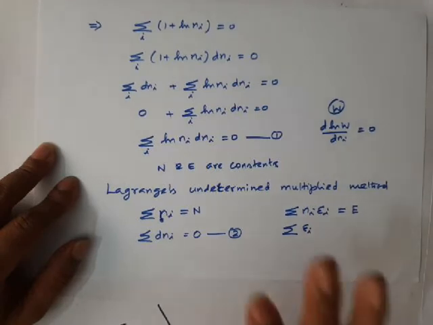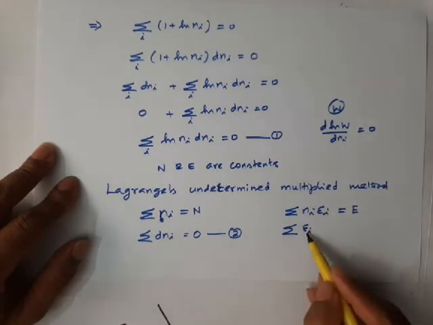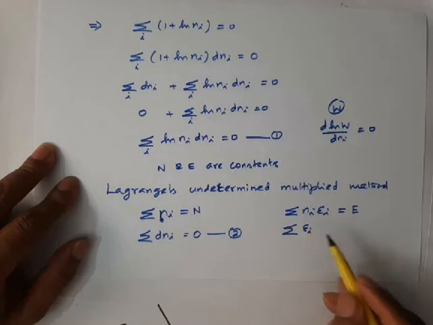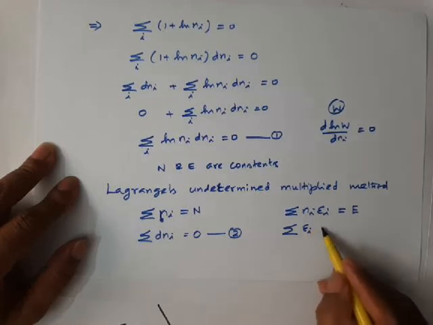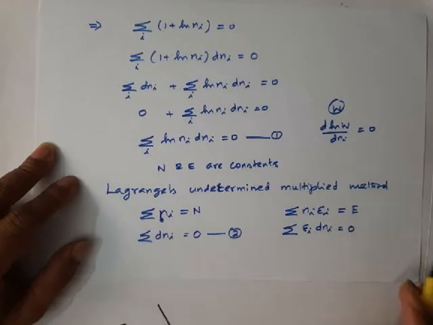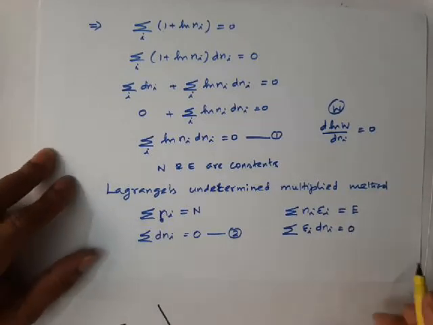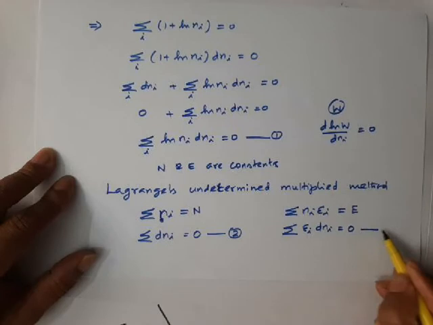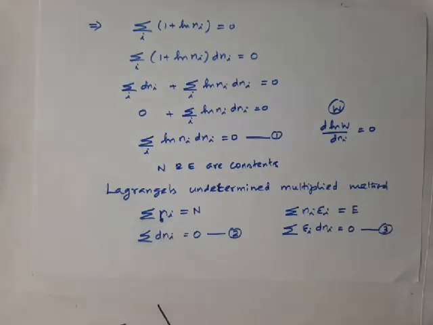These energies never change. So keep Ei as such. If I differentiate Ni, I will get dNi, equal to 0, because the total energy is constant. I will take this as equation number 3.